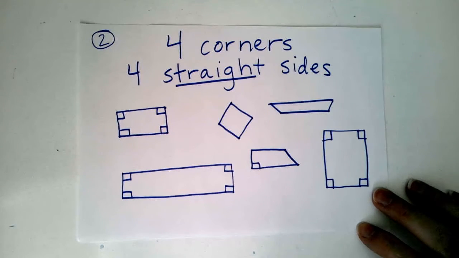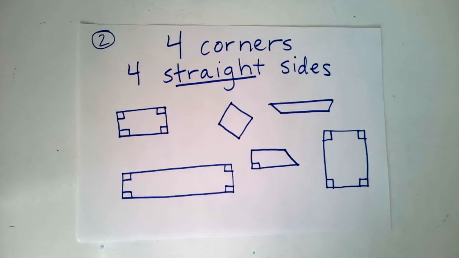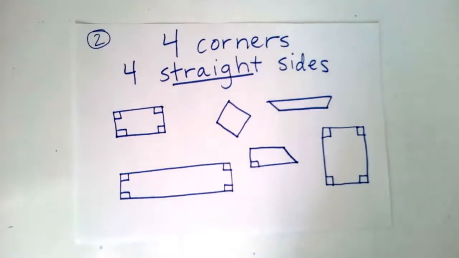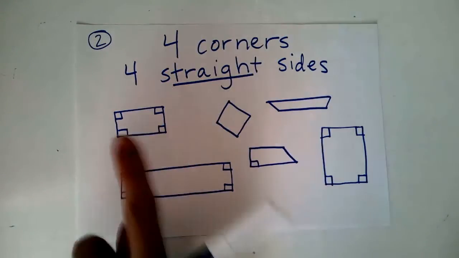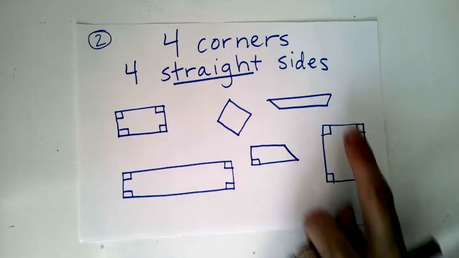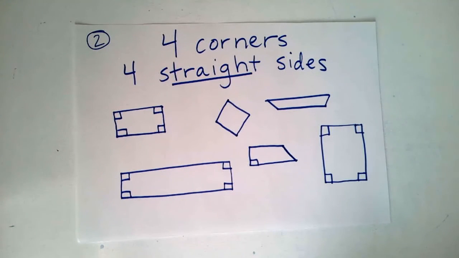Straight sides, because there are all sorts of shapes out there that might not have straight sides. Today, a lot of our shapes are going to have straight sides. Not all of them though, so get ready.